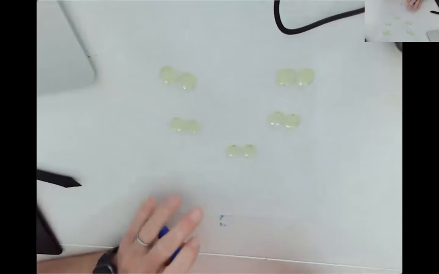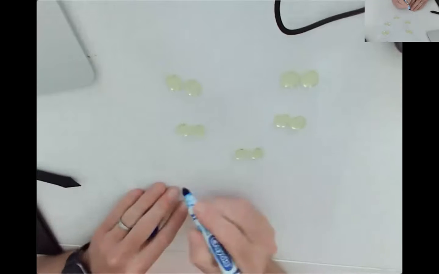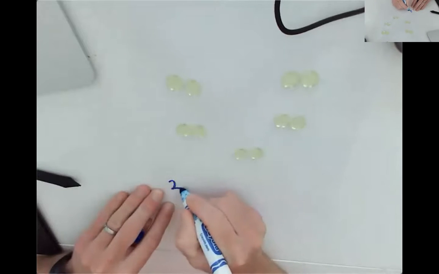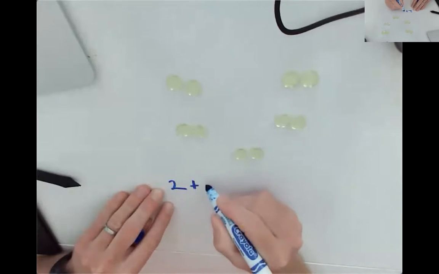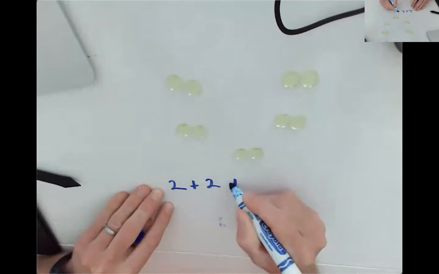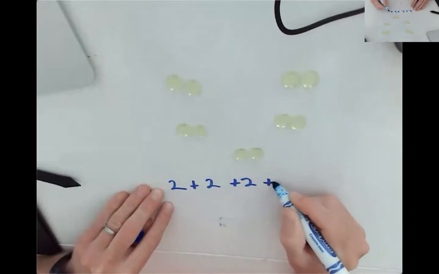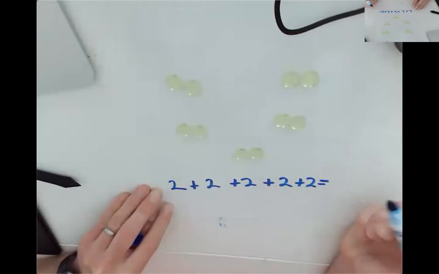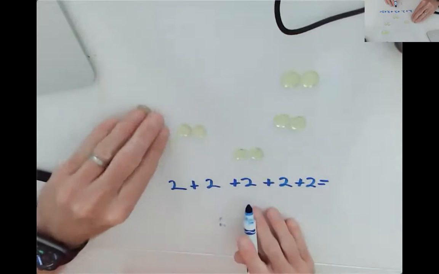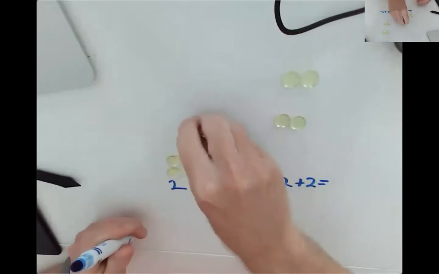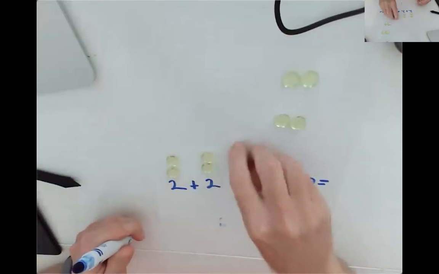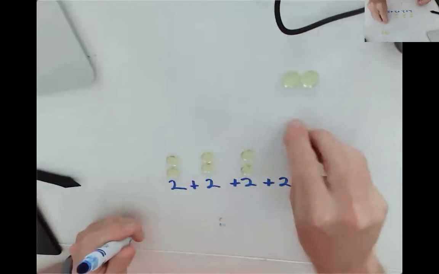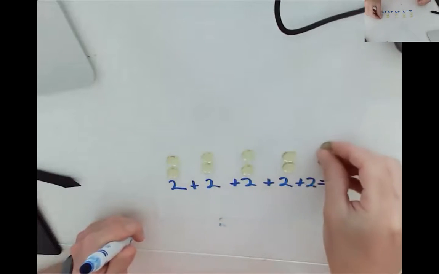Well, I can write that as an addition sentence because I have 2 plus 2 plus 2 plus 2 plus 2 equals. So I have this first group of 2, this second group of 2, a third group of 2, fourth group of 2, and a fifth group of 2.